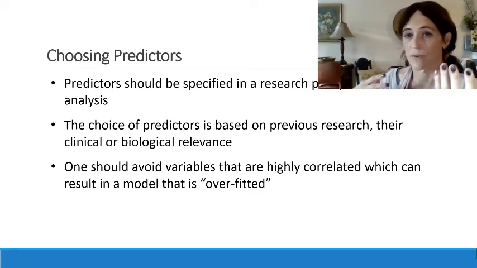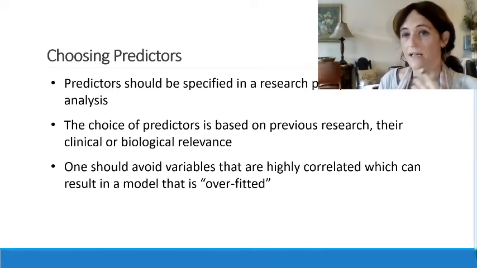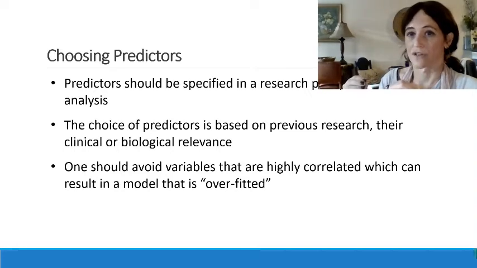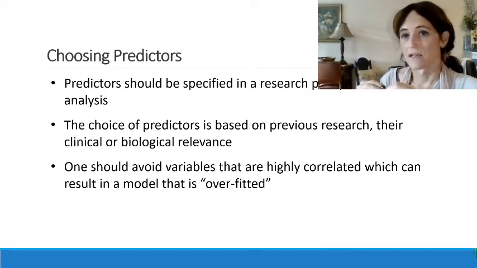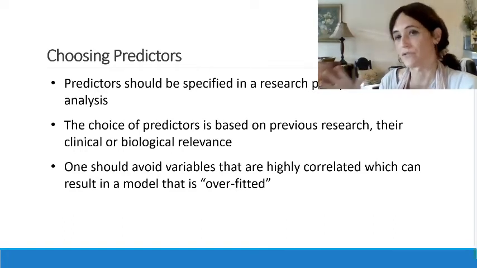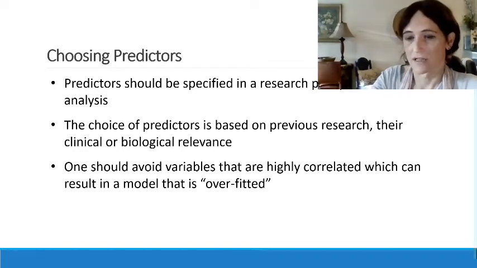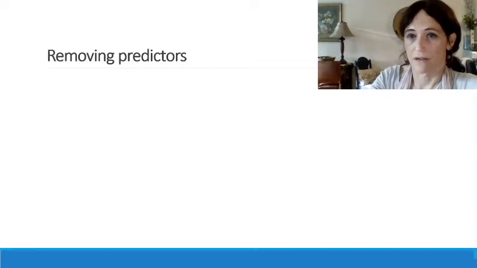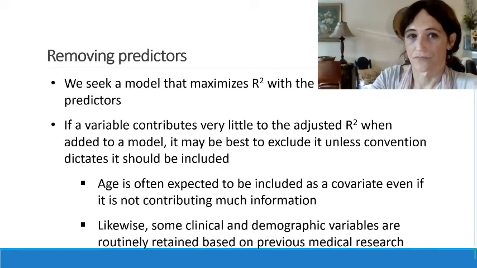We can introduce a problem which is called collinearity, and it causes our models to not converge like they should. So you would normally select one of two variables that are highly correlated in your model. Again, different schools of thought, but there is a point at which, if they're so highly correlated, it can actually make your model not very useful.